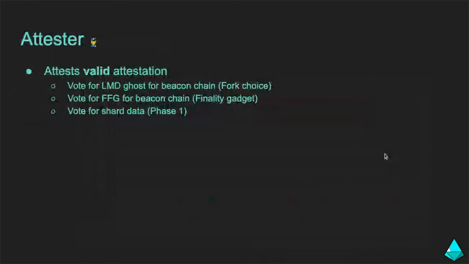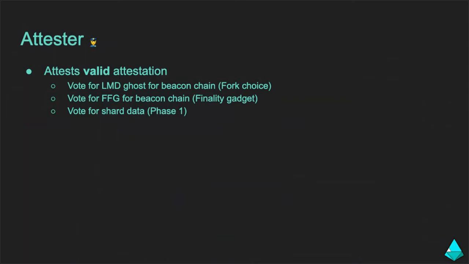So now let's talk about what a validator has to do. So at the minimum, the validator has three duties to perform in the latest spec. And the only role that it must do is being an attester.